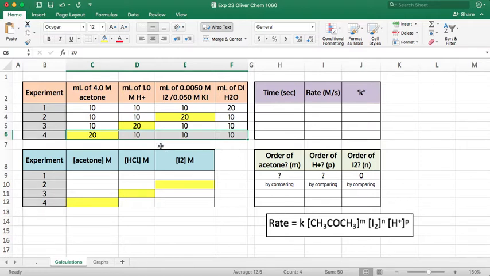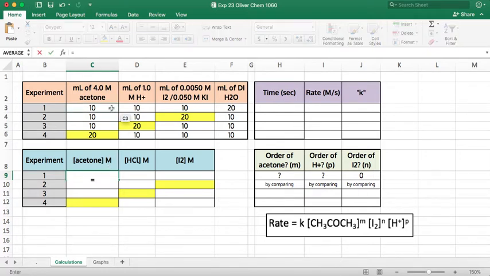All right, now, we know that we added these milliliters, but we have to take into account that this is 4 molar acetone, 1 molar HCl, and 0.0050 molar of the iodine. So, when we do that, let's do an M1V1 equals M2V2 calculation and find big M, or molarity, which is moles over liters.